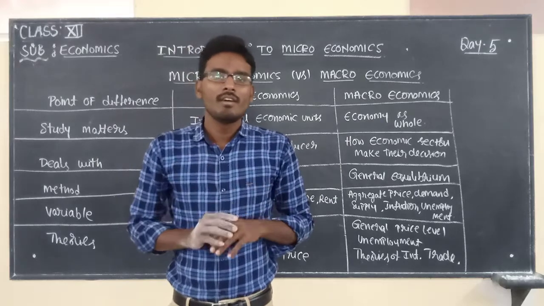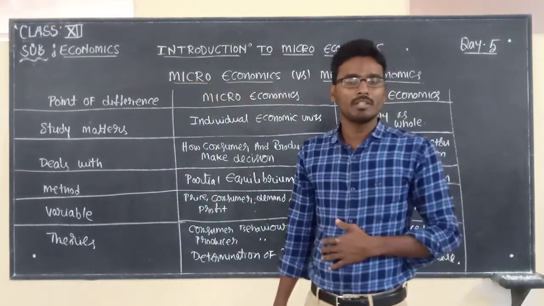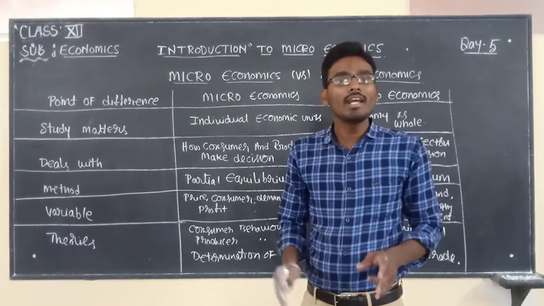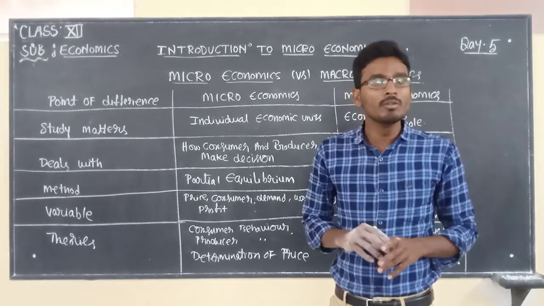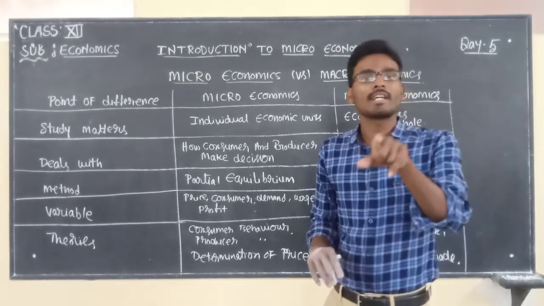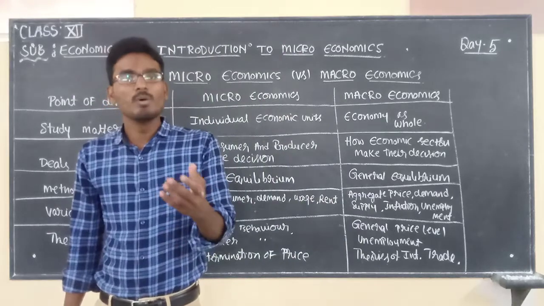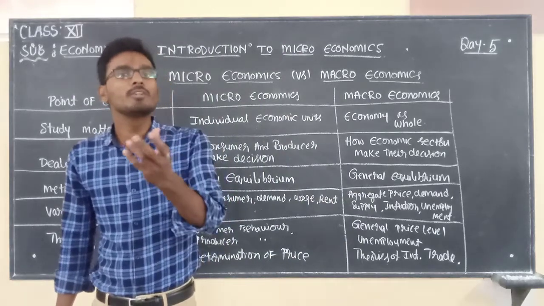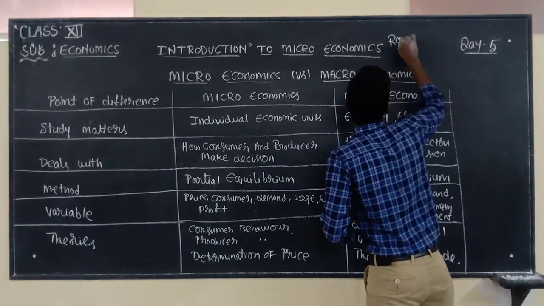So, see, for the subject matter of economics, economics is broadly classified into two. One is microeconomics, the second one is macroeconomics. The economist who classified economics into two categories is Ragnar Frisch.